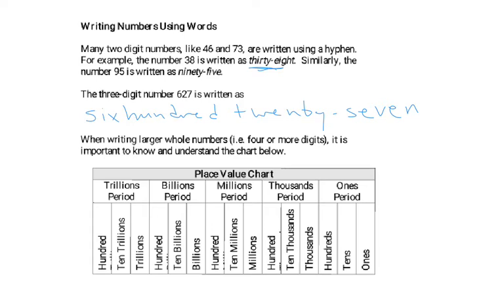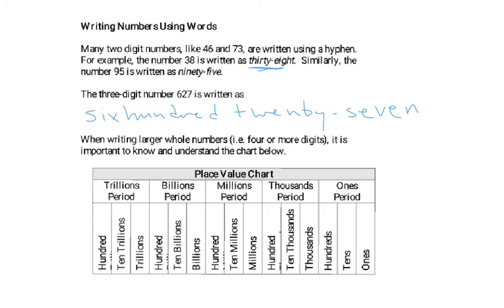We do not put the and there. An and would be reserved for if we're adding a fraction. So if we had 627 and a half, the and would go there. So don't put an and between the hundreds and the rest of the value.